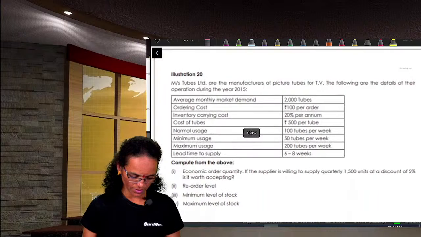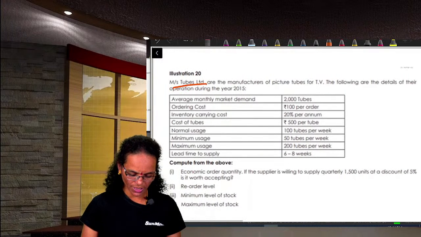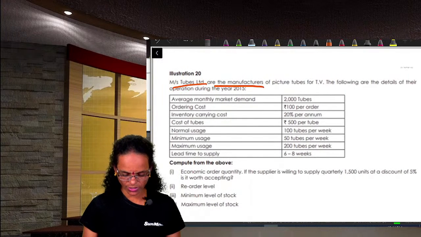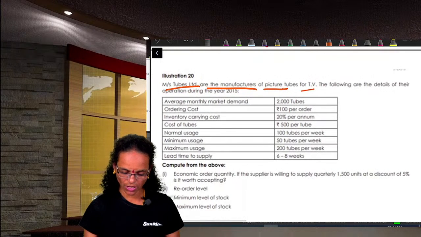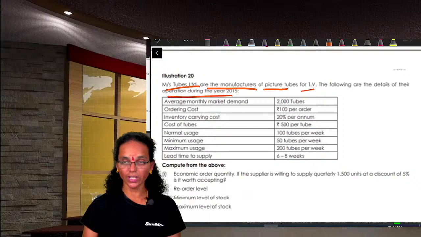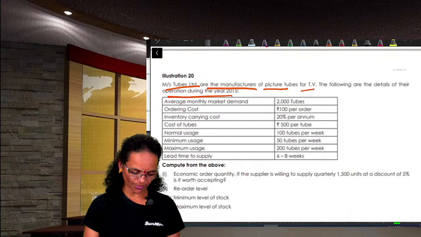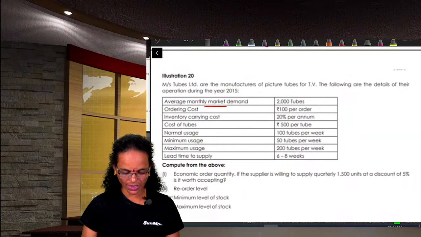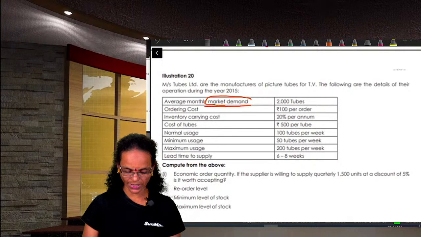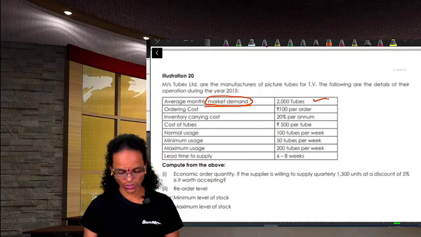Here, Tubes Limited are the manufacturers of picture tubes for TV. The following are the details of their operations during the year 2015. Average monthly market demand. See, you underline this word, market demand. 2000 units.